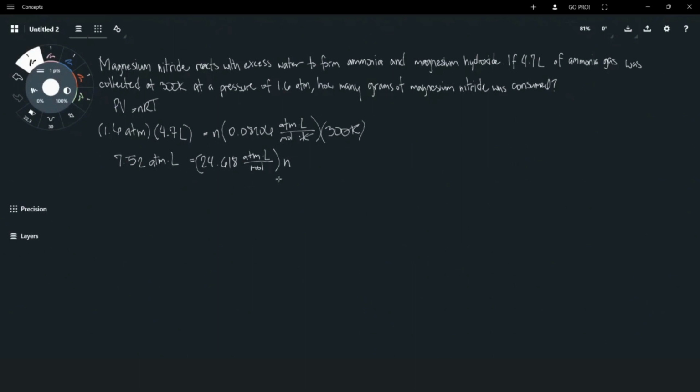And you divide both sides by your 24.618 atmosphere liters per mole to isolate your n.